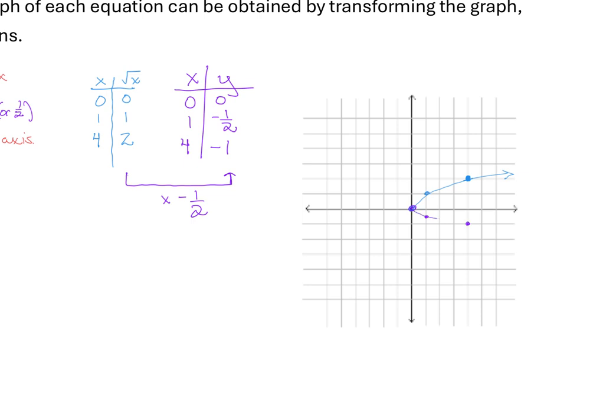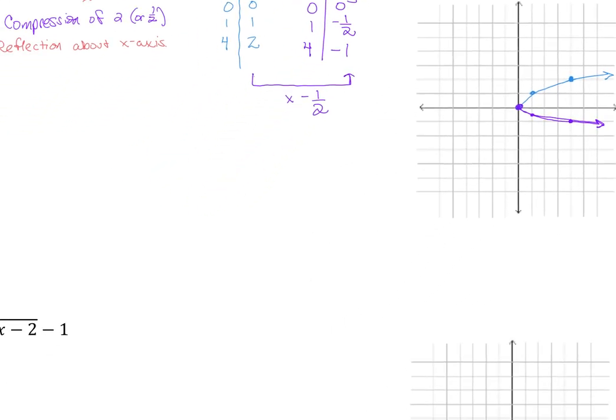We graph this, we get something that looks like this. So we have that our points are closer to the x-axis and they are moved to the bottom. All right, that's our first example. Let's look at a couple more.